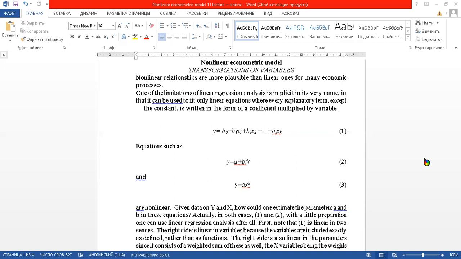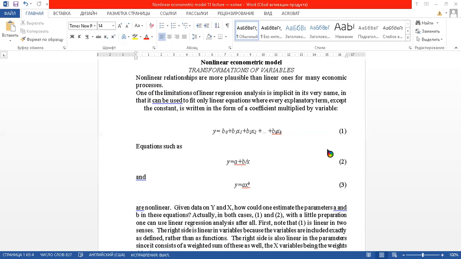x1 plus beta 2 x2 and beta k xk plus epsilon. Equations such as y is equal to a plus b divided by x and y is equal to a times x to the power of b are nonlinear.